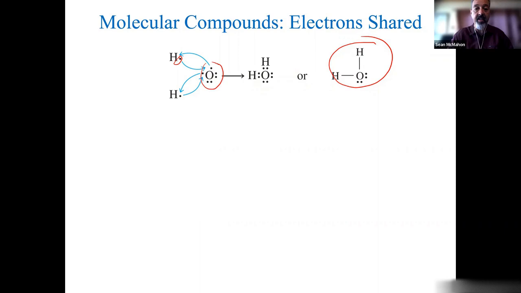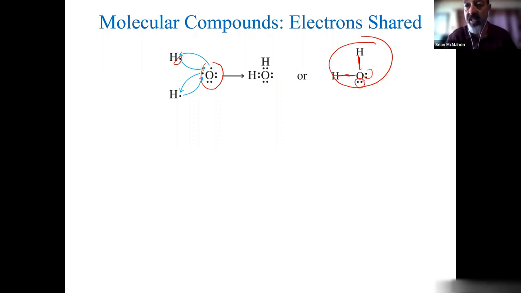To do that, they're willing to share their unpaired electrons with each of the hydrogen's unpaired single electrons to form bonds. Again, when we show where there's an overlap, bonds are actually drawn as lines, so those represent shared pairs. Unshared pairs are referred to as lone pairs, and we actually use the dots to represent those.